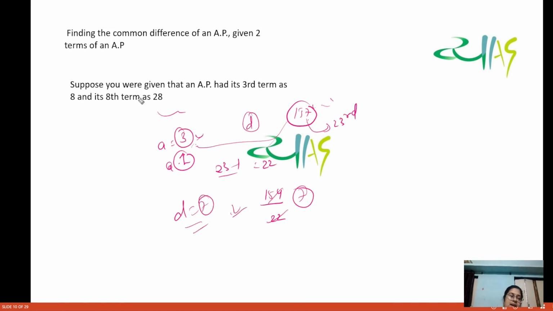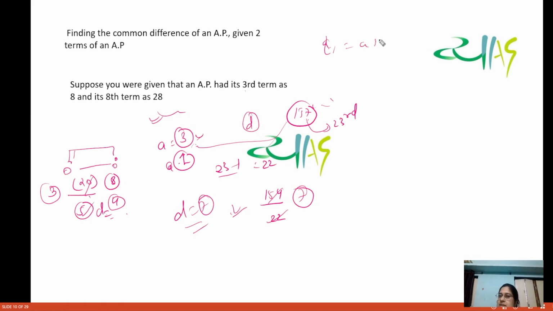What I am saying is कि दो नंबर के बीच का अगर कॉमन डिफरेंस आपको एपी में पूछ रहा है तो टर्म का पता कर लीजिए, जो टर्म का नंबर है वो माइनस कर लीजिए। जो यहाँ 8th टर्म था या थर्ड टर्म था, आपको 5 मिला, इन दोनों को माइनस करिए और जो भी आपका आए उससे डिवाइड कर दीजिए, दैट इज योर कॉमन डिफरेंस। तो इसको जल्दी करने के लिए हम ये अप्रोच हटा रहे हैं कि a plus n minus 1 d equals to, and then we are solving this linear equation.